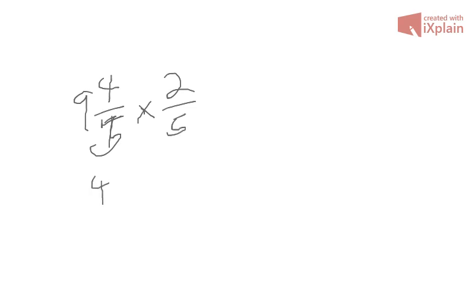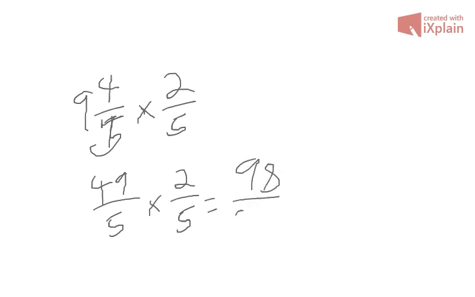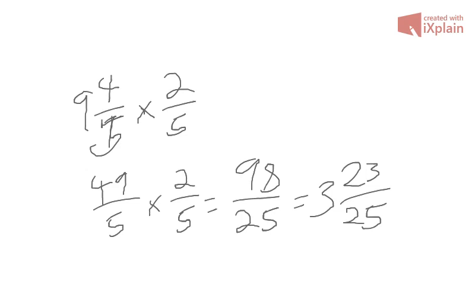We've got our 9 4/5 times 2/5, which becomes 49/5 times 2/5, which when we multiply straight across becomes 98/25, which is 3 and 23/25 meters per second squared. All right, that answer is there for you.